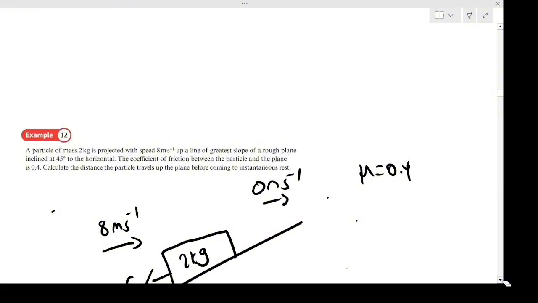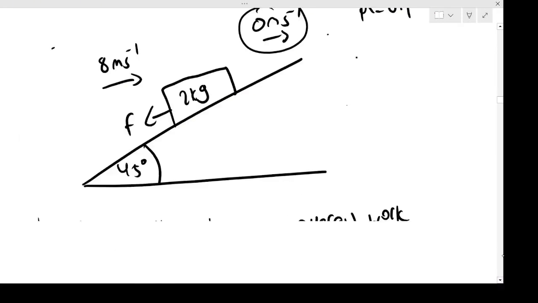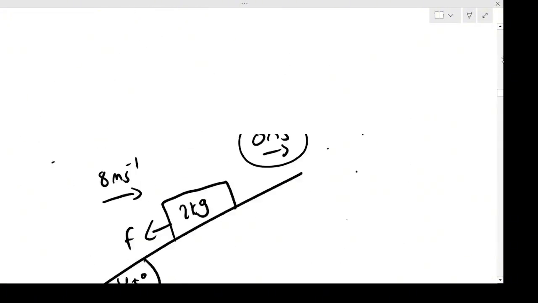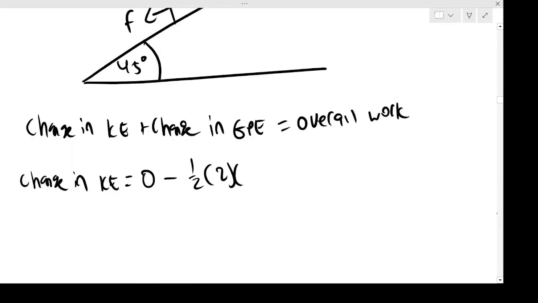So the change in kinetic energy, well, the final kinetic energy is 0, so it's going to be 0 take away half of the mass, which is 2, times the initial speed, which is 8 squared. And so that would be minus 64. Negative because we're losing kinetic energy. That is important, that negative.